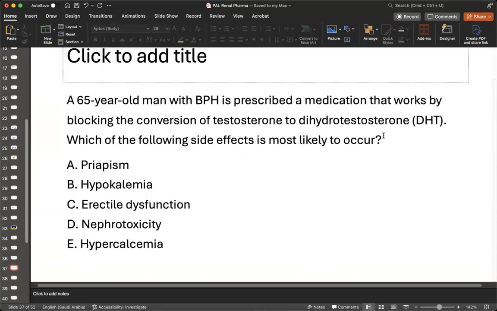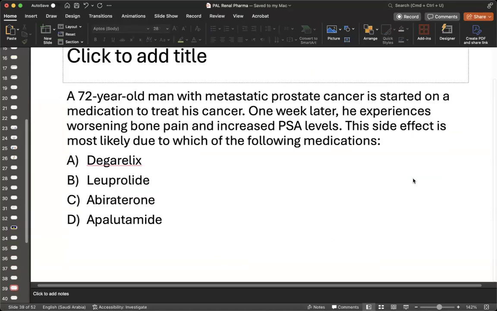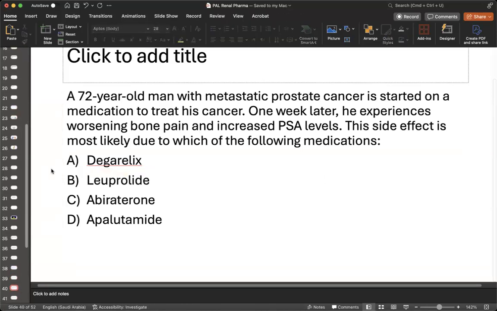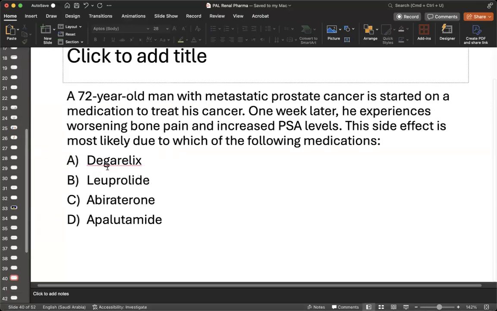It was because we were activating the GnRH receptors and led to an increase in LH and FSH. So the answer is going to be leuprolide. Great. It does not happen with degarelix.